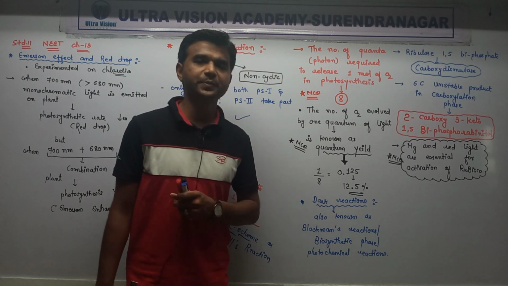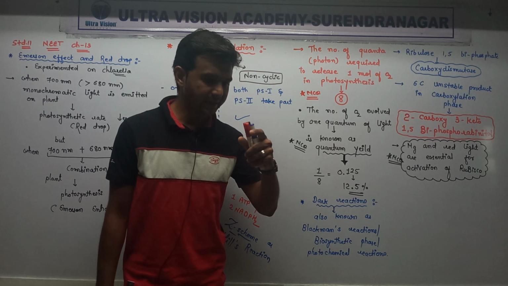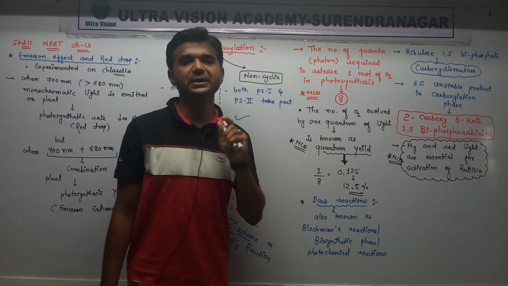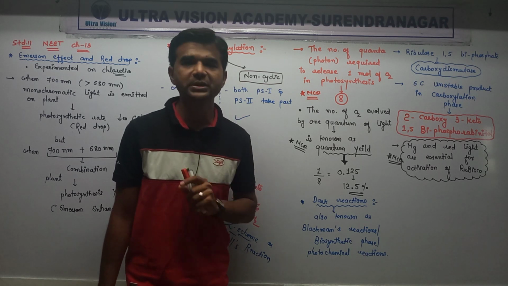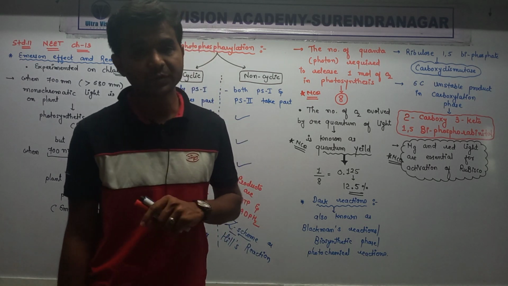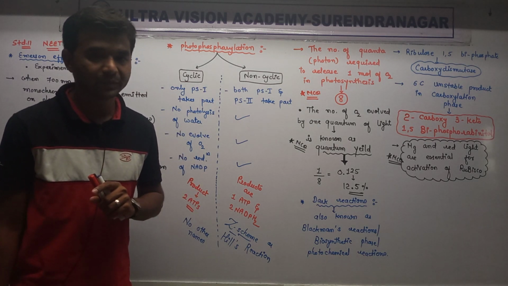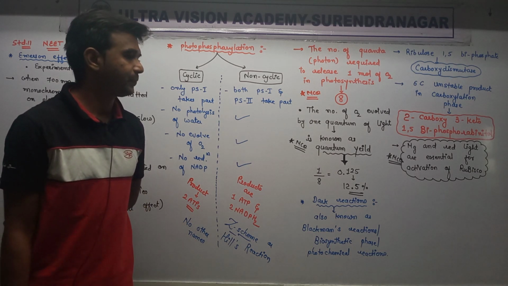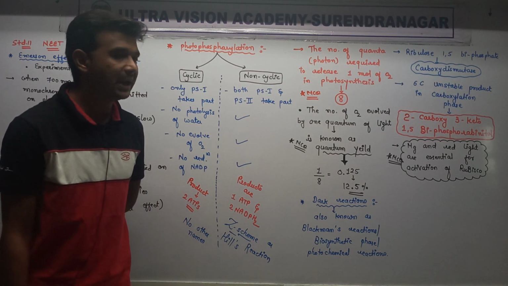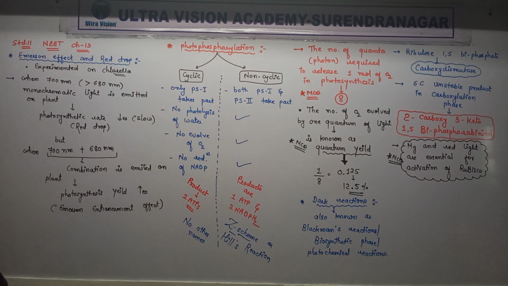Then it is dephosphorylated and converted into fructose 6-phosphate. Then isomerism occurs, so fructose 6-phosphate is converted into glucose 6-phosphate, and dephosphorylation occurs, and then glucose 6-phosphate is converted into glucose. So in this way, with the help of 6 Calvin cycles, a glucose molecule is synthesized.